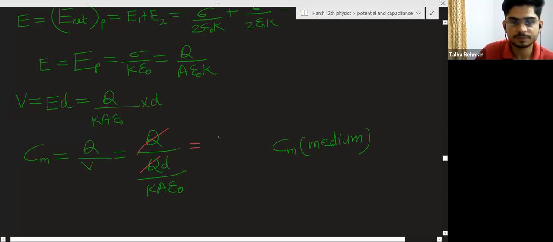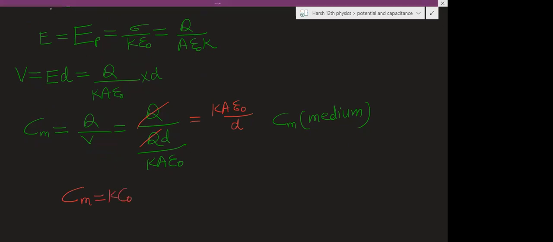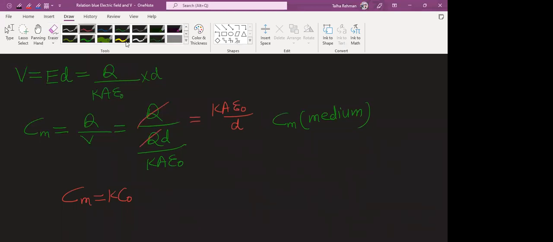You will get k epsilon naught A by d. So Cm is equal to k times epsilon naught A by d. Instead of epsilon naught A by d, can I write C naught? Yes, so this is the formula.